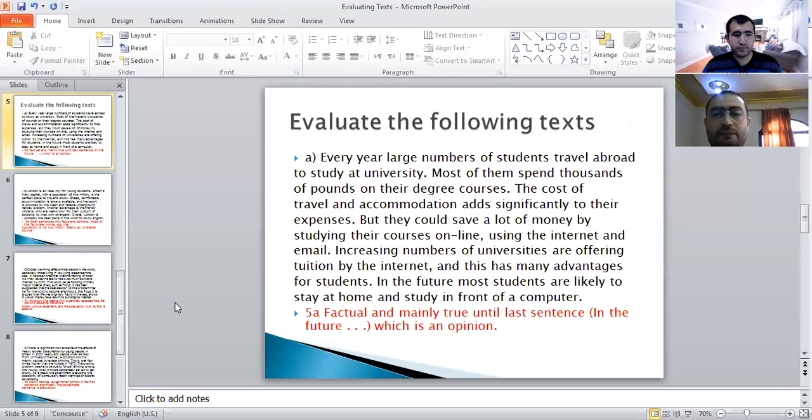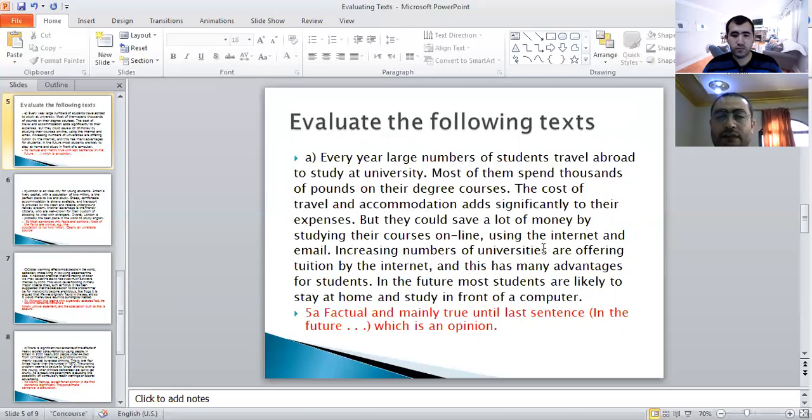Every year, large numbers of students travel abroad to study at university. Most of them spend thousands of pounds on their degree courses. The cost of travel and accommodation add significantly to their expenses, but they could save a lot of money by studying their courses online.